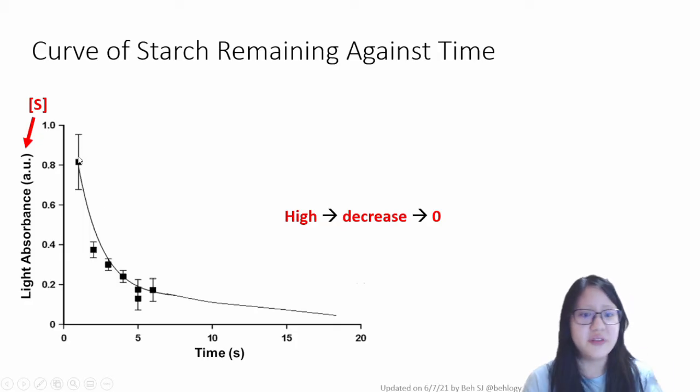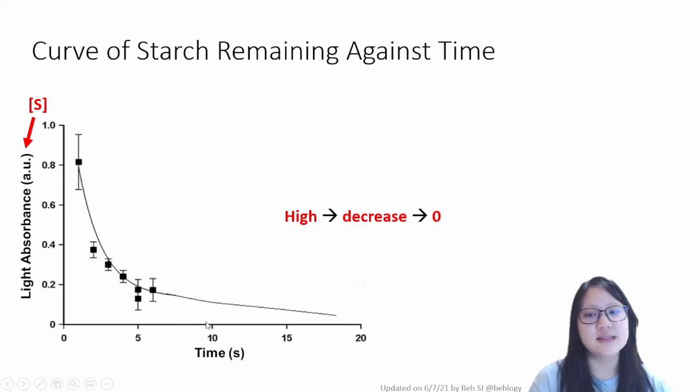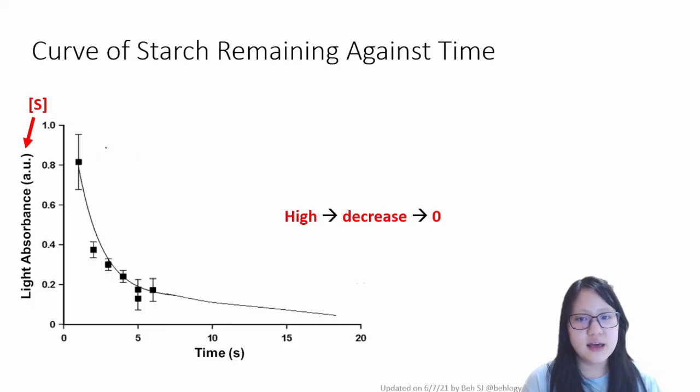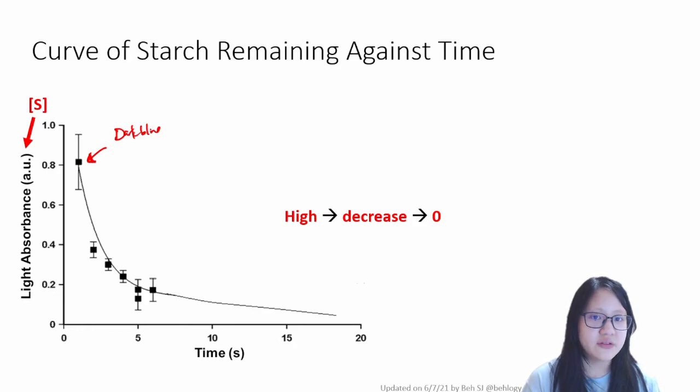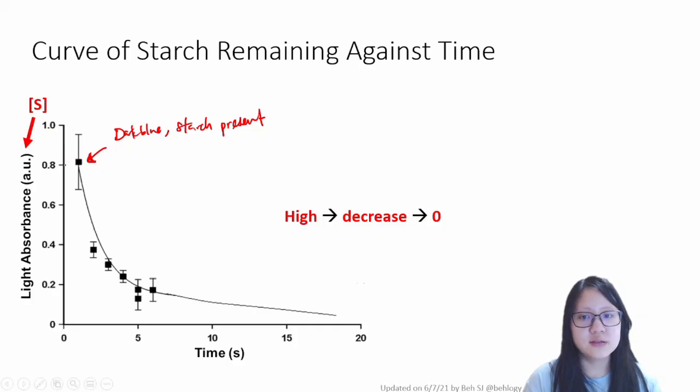So there's actual values that come up. Right. We can plot a graph of light absorbance in arbitrary units against time in seconds. Now, light absorbance here is really talking about our substrate concentration, because as we said, at this point where the solution is dark blue in color because of the starch present, light absorbance by the liquid is high.